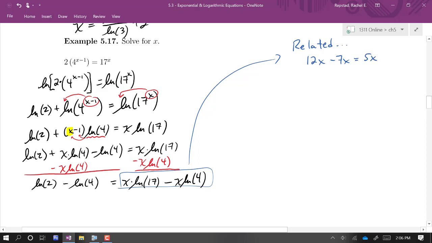What we're actually doing, without writing it out, is we're saying, oh, this is 12 minus 7 times x. We're kind of taking that x out and then just doing the subtraction on those coefficients. And that's exactly what we're going to do here. I've got ln 17 times x minus ln 4 times x. And so this is ln 17 minus ln 4 times x.